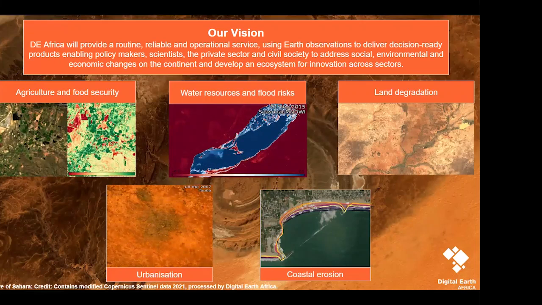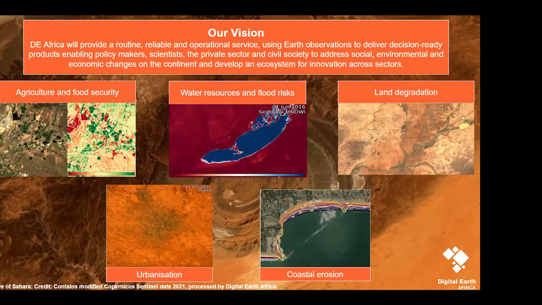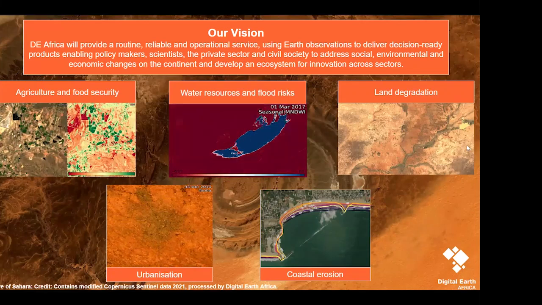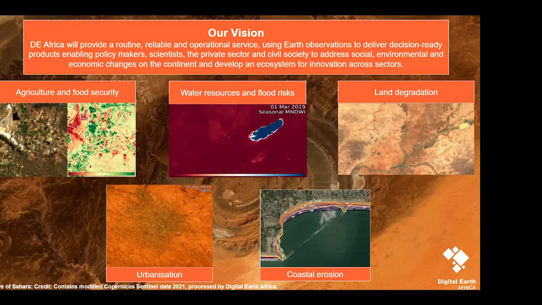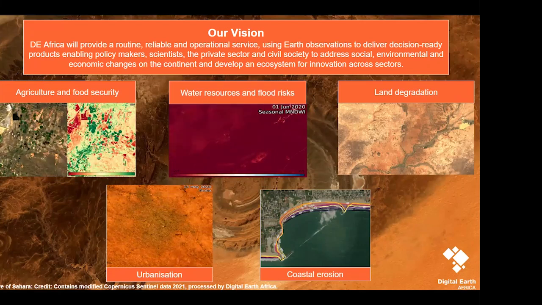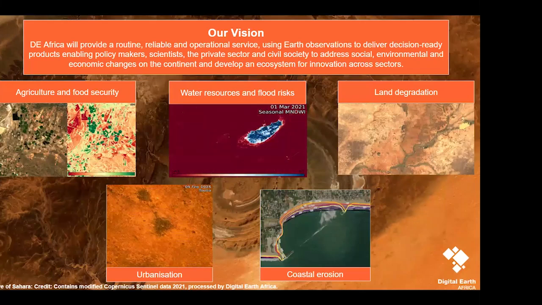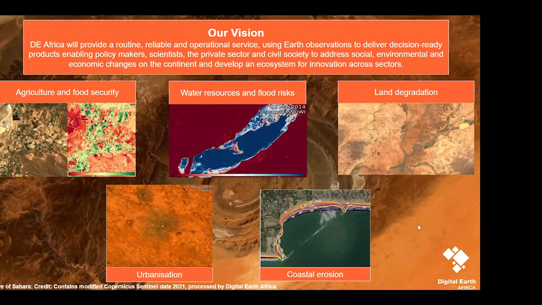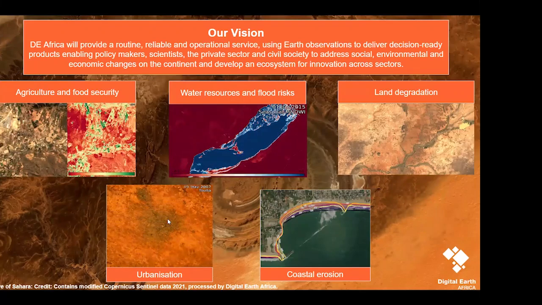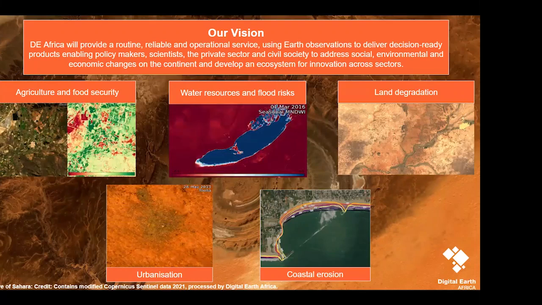We process them and host them on our web cloud space, and people can access them from there and start doing the analysis, following the trend of agricultural food security, water resources and flood risk, urbanization, land degradation, coastal erosion, and so on. So we have been serving academia, governments, NGOs, even the private sector, and everything is free of charge.